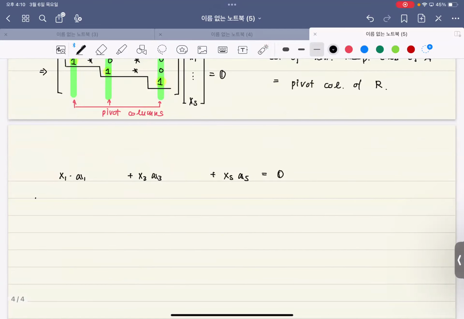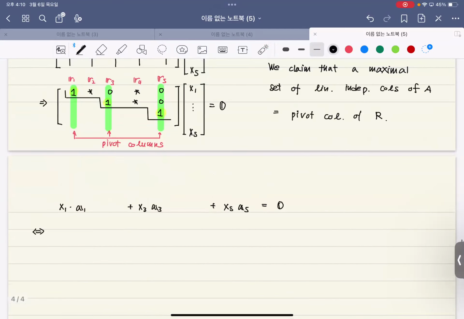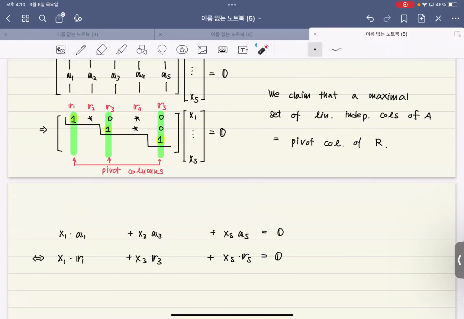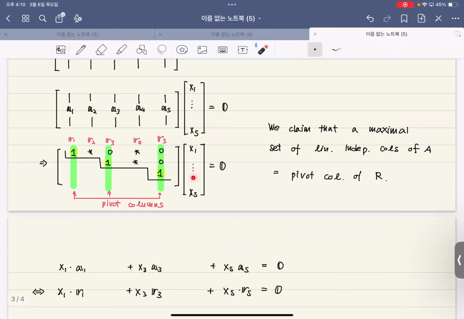So this one equals x1 times R1 plus x3 times R3 plus x5 times R5 equals 0. I have just set all free variables equal to 0. If you set every free variable equal to 0, this solution set is the same as that solution set. But you know R1, R3, R5 are nothing but standard unit vectors.